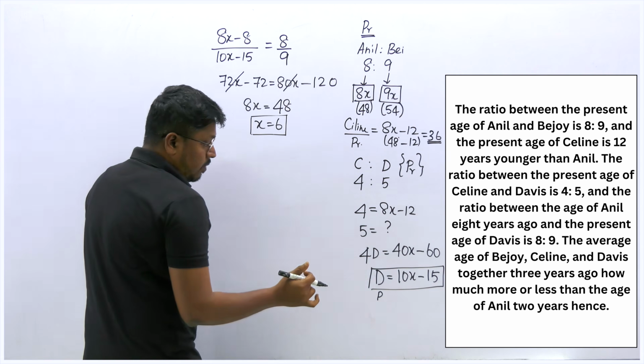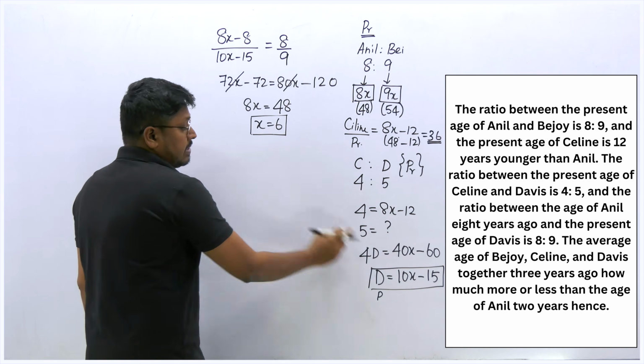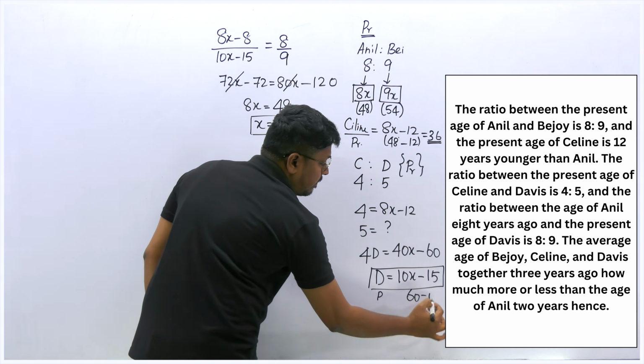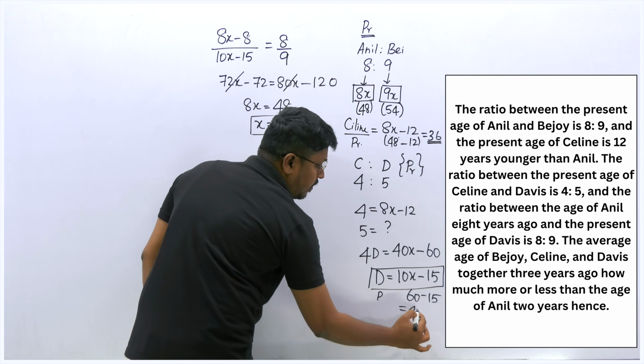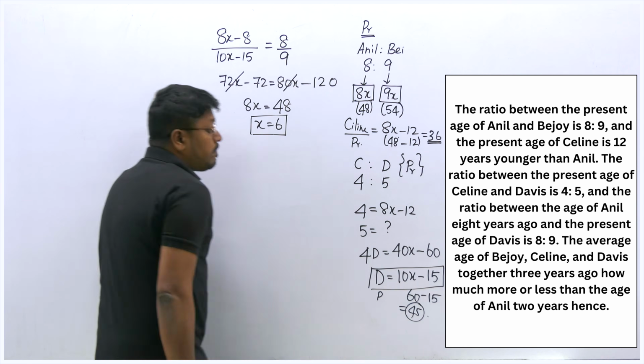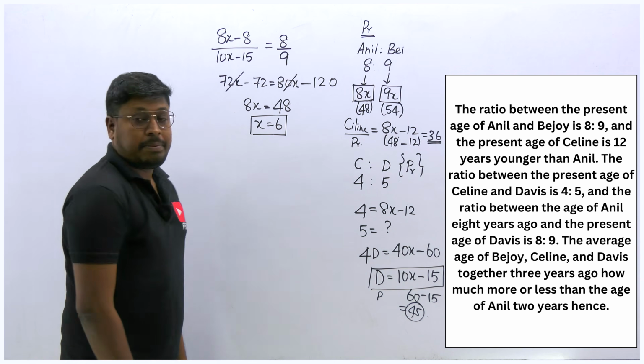Next person is Davis: 60 minus 15, so this will be 45. So finally we got all 4 ages.